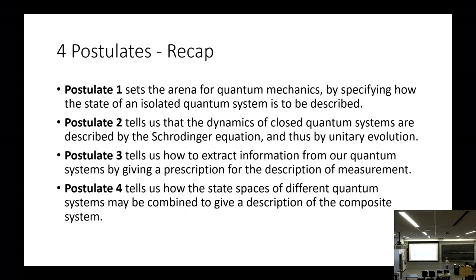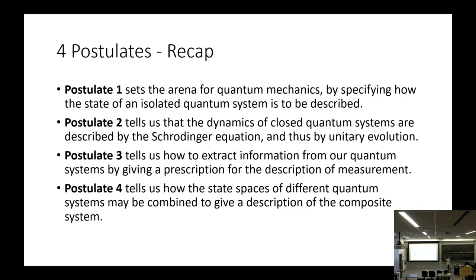Okay, so we can recap the 4 postulates, and we can summarize them in a very simple way. Postulate 1 sets up our arena of quantum mechanics, and it specifies how the state of an isolated quantum system is going to be described. Postulate 2 tells us that the dynamics of a closed quantum system are described by Schrodinger's equation and by unitary evolution.